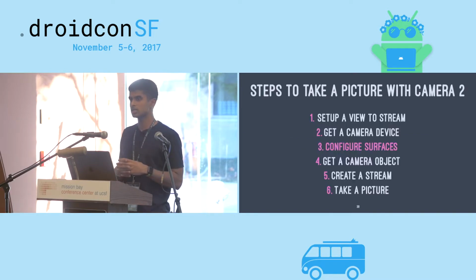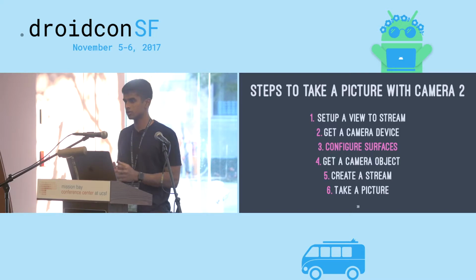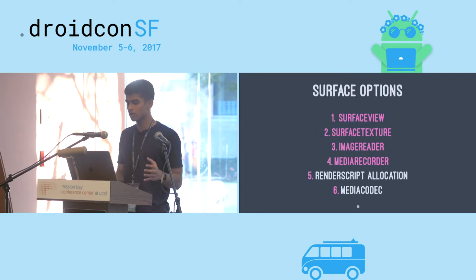Next thing, we want to see what this camera can output, and then configure our surfaces to that. In order to do that, we have multiple surface options. We have the surface view and surface texture, the two we talked about, image reader and media recorder. Image reader is for taking pictures, media recorder for taking videos. There's also render script allocation and media codec, which we probably won't cover today.